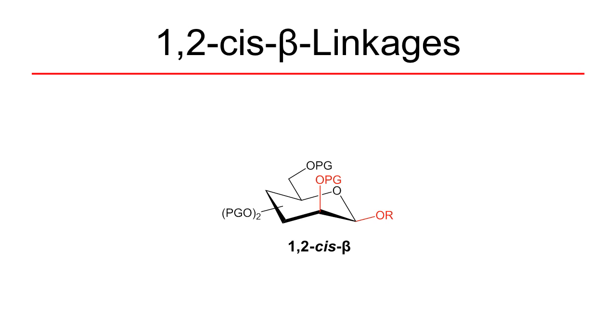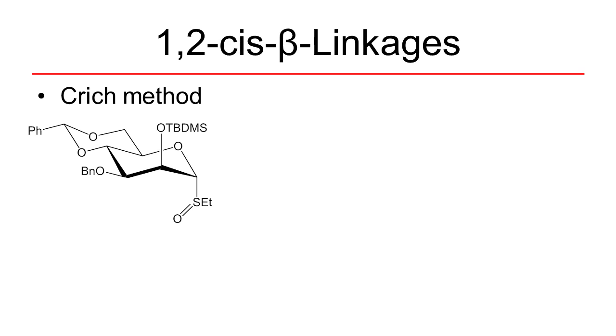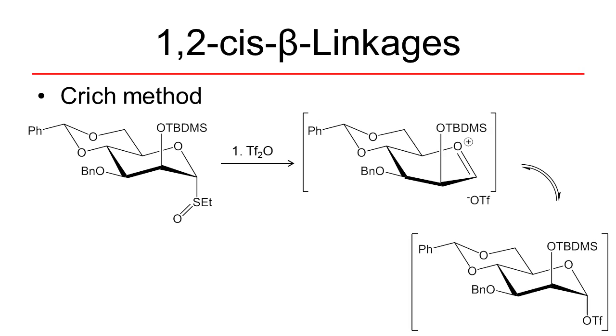1,2-cis-beta linkages are the most difficult linkages to prepare. Not only are non-participatory groups required at C2, but the anomeric effect is working against the desired product. Currently, the best protocol is one developed by Crich and coworkers. In this method, activation of a sulfoxide leads to an oxocarbenium ion that is in equilibrium with the alpha triflate.